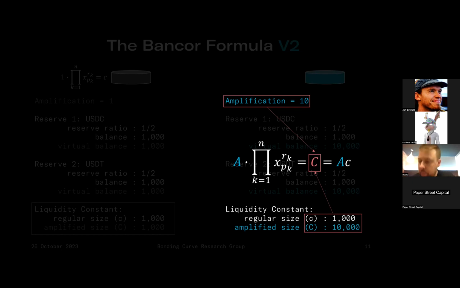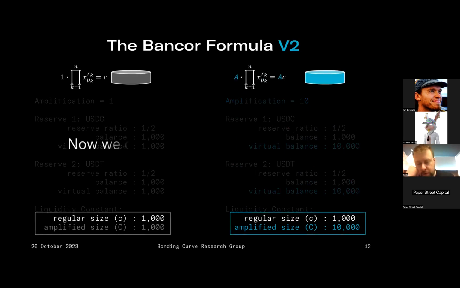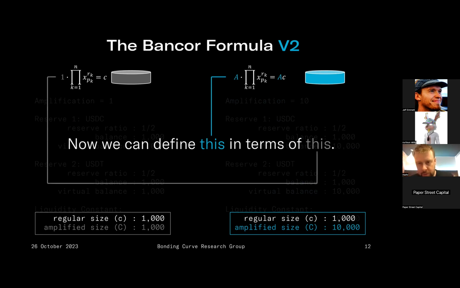And of course, no mystery, it's just A times whatever little c is. So rather than saying the V2 formula is equal to this constant little c, let's just say that it's equal to A times C. And then from there, I think we're going to be able to derive the V2 formulas in a much more convenient, maybe a little bit more intuitive manner.